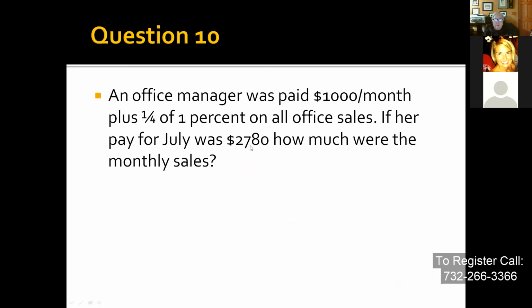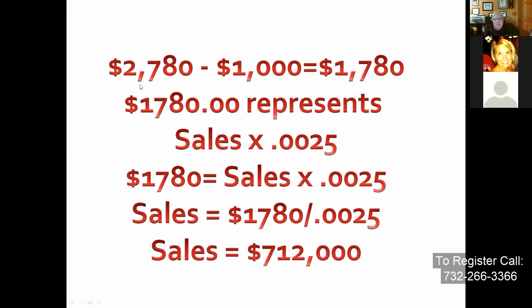If we take the $2,780 and take away her flat fee of $1,000, that means her bonus, so to speak, was based on $1,780. The $1,780 represents the amount of sales times 0.25%. And again, that's a tough one to remember. Here's how we write 0.25%.